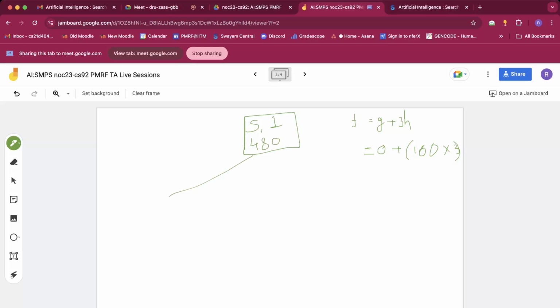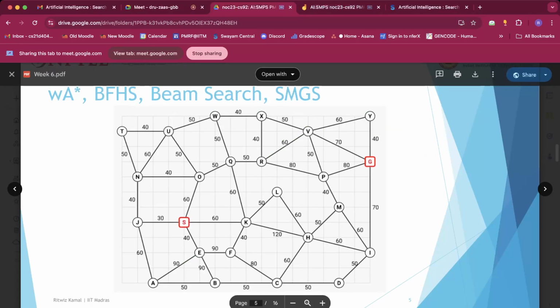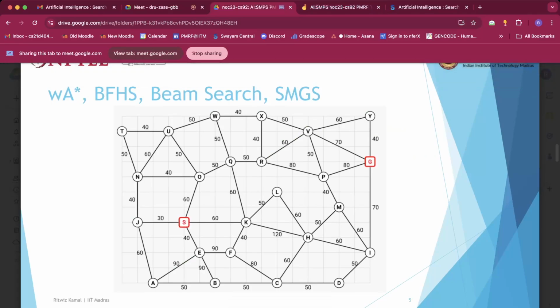The children of this would be E, J, K and O, like we did in the normal A star case as well, but their costs will be defined by this new F value that we have come across. E will have an F value of, what is the actual cost of going from S to E? It is 40, right?